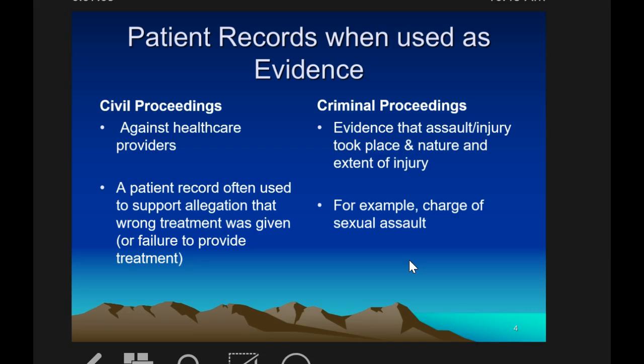And then we have when a patient's healthcare record is used when a crime might have been committed. For example, a patient's healthcare record can be used as evidence that an assault or an injury actually happened, and to show the nature and extent of that injury. For example, in relation to a charge of sexual assault, it may be that the first place the victim presented for help was the emergency department of a hospital, and on arrival the victim would invariably give an account of events leading up to his or her presence at the hospital.